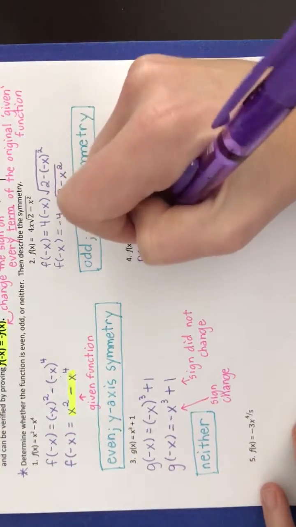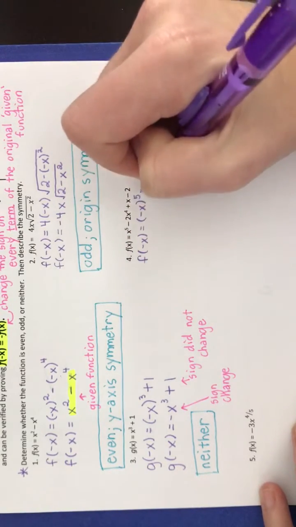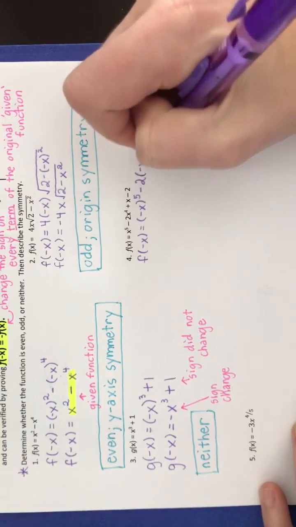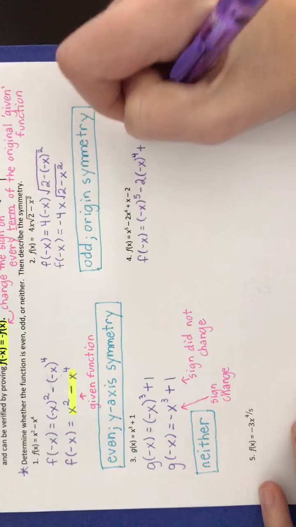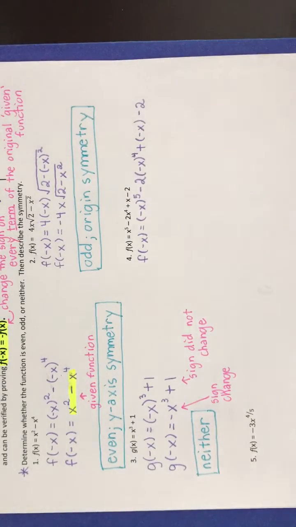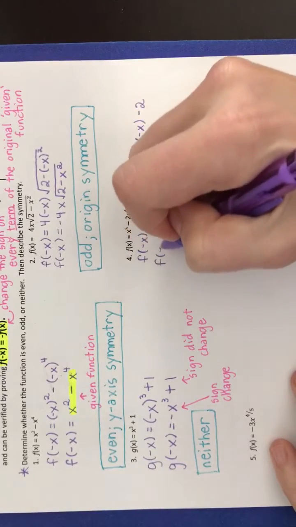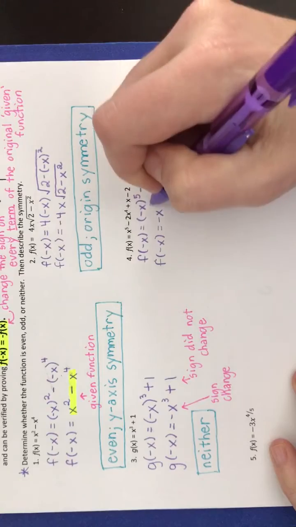Okay, so f of negative x equals negative x raised to the 5th minus 2 times negative x raised to the 4th plus negative x. I know it looks so wrong, but we'll keep it like that. Okay, so f of negative x equals, odd power means we will remain negative.